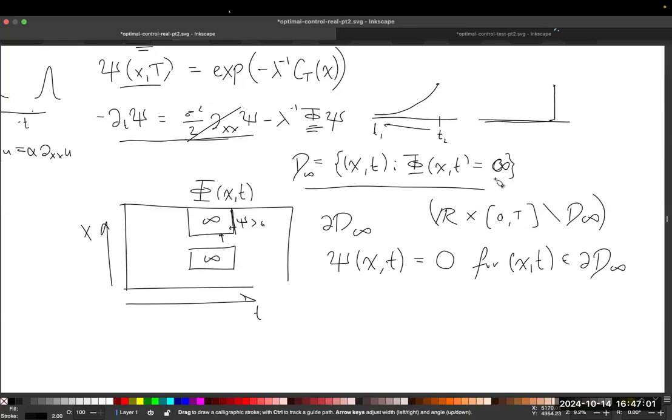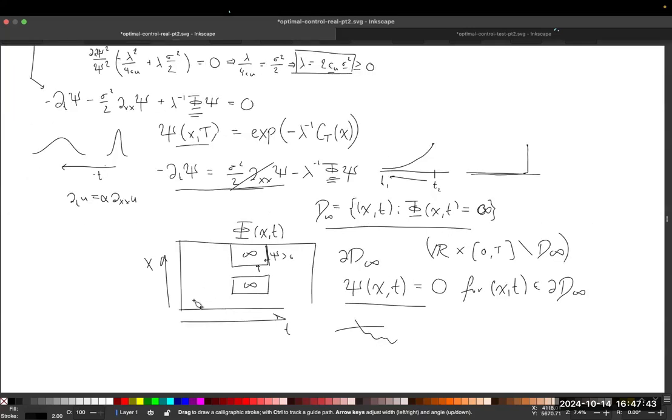When we think of a stochastic process, this is the case where once our Brownian trajectory crosses this wall, it's lost, it's absorbed, it's not re-entering the system. So those are a few ways of thinking about the effect of this infinite phi for our problem.